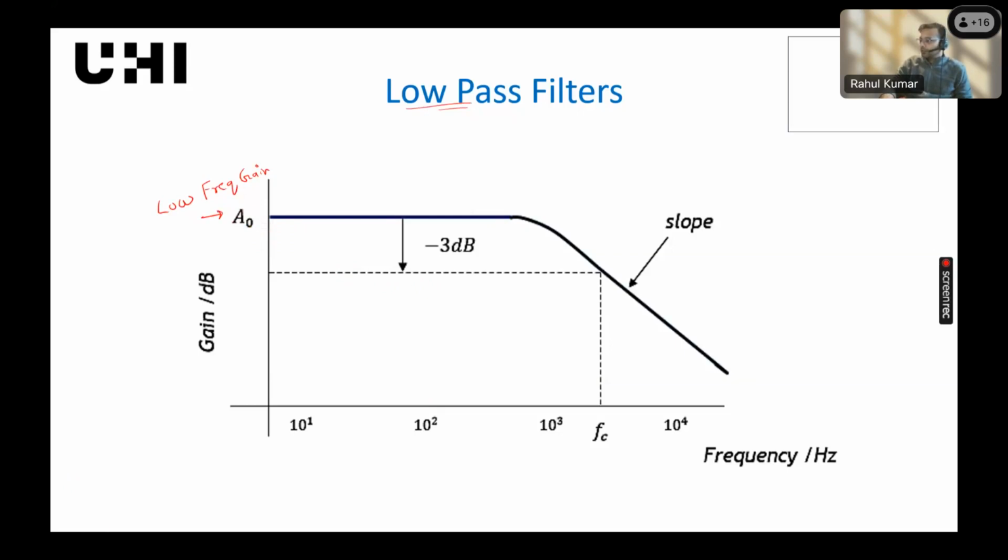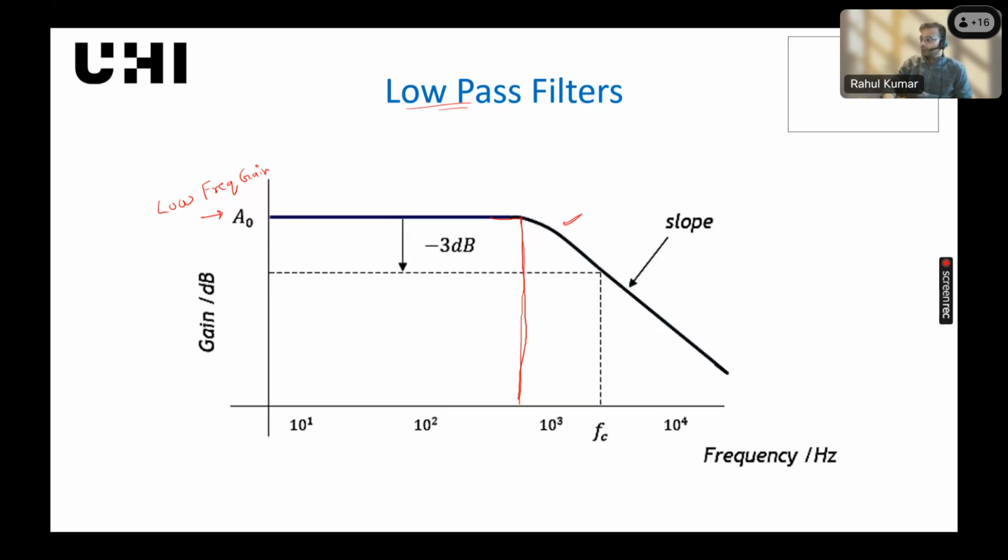Okay. Now, in a filter, we would like to block all the frequencies above a certain frequency. However, in real filters, instead of a sharp drop in gain, right? Ideally, we would like this type of a response, but real responses don't drop all of a sudden.